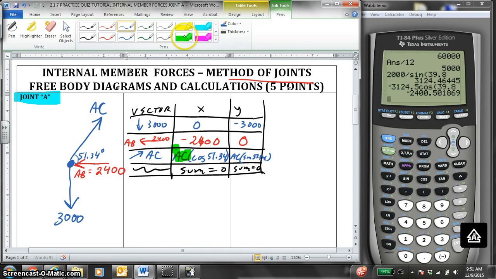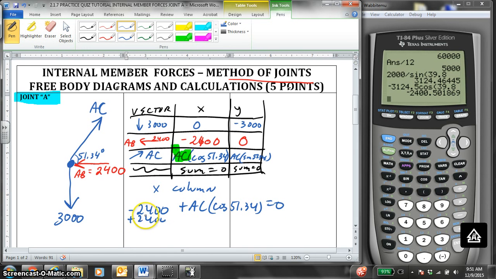AC is the unknown. So let's just use the x column to solve for this. Sum up all these, it equals 0. Negative 2,400 plus AC cosine 51.34 equals 0. Now this is single variable algebra.